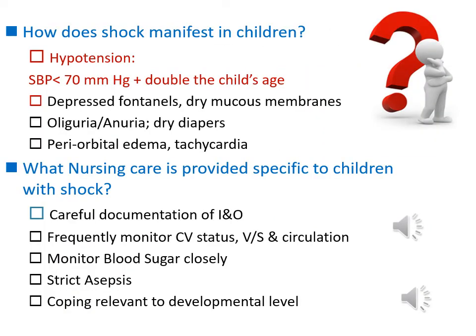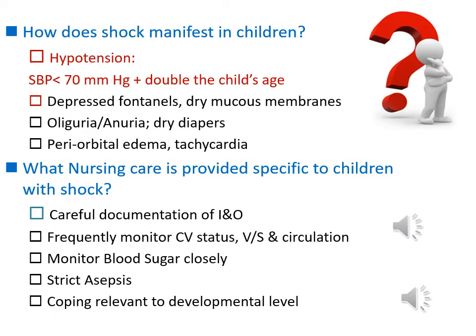When we think about how shock manifests in children, it's not much unlike adults, except that in the early stage of compensation, we find that infants and children are a little bit better at compensating than we are as adults. So that when you have an assessment finding of hypotension in a child, that's a very late sign of shock, and it's a very grave sign.